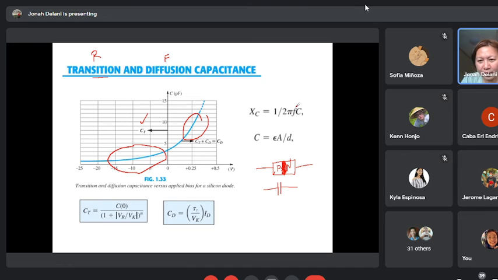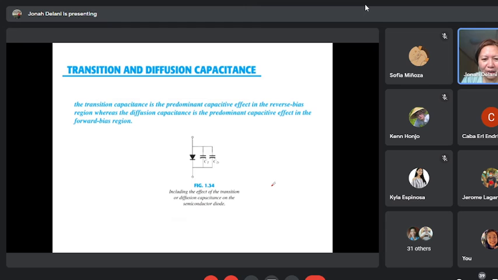F is the frequency. So at very high frequency, the reactance decreases. So instead of the diode acting like a diode, a semiconductor, the diode might act like a conductor at very, very high frequency. I would like to emphasize that. So it is no longer a diode, it becomes a conductor.